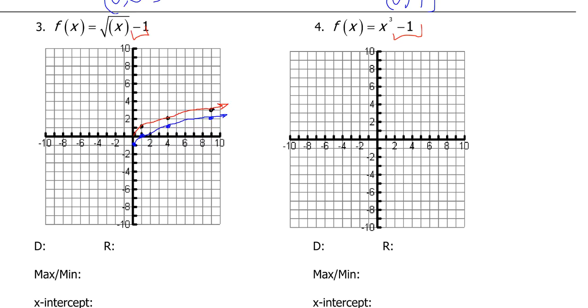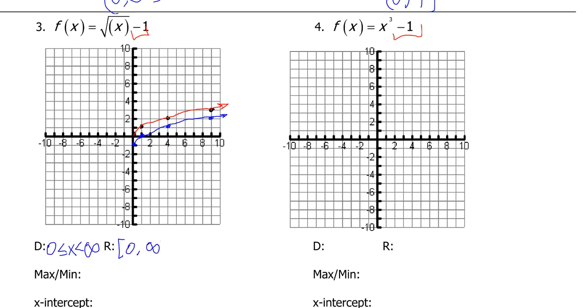So let's see, what winds up happening? Well, the domain starts at 0, less than or equal to x, less than infinity. The range on this starts at 0 and runs to infinity, normally.